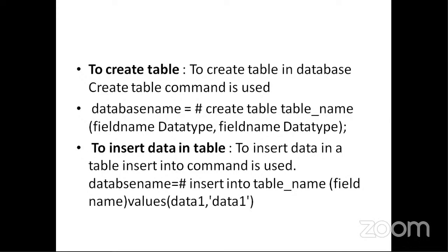Then values, which will be the data. For roll number, it will be 101 or 1, and for student name, it will be Sachin or any student name. This command is to insert the data in the table.